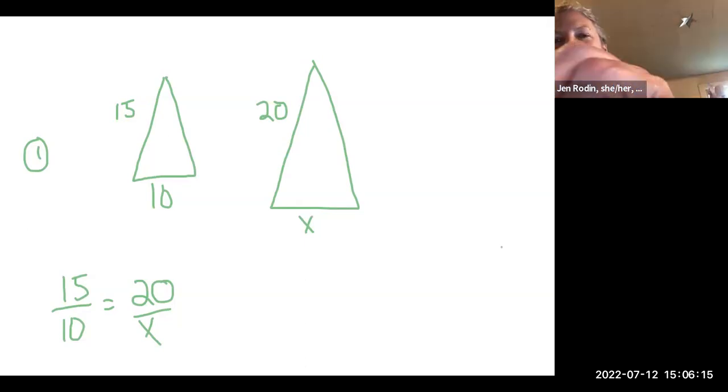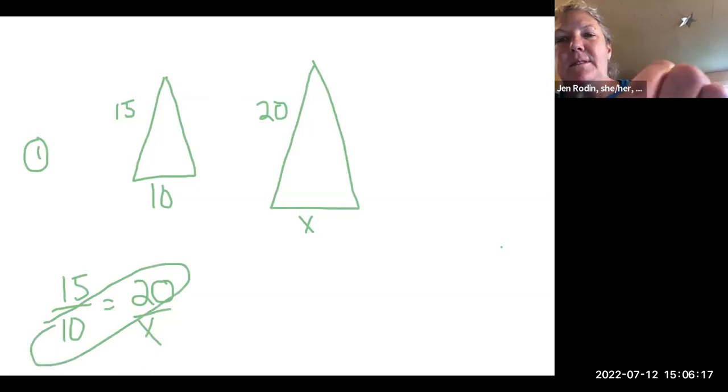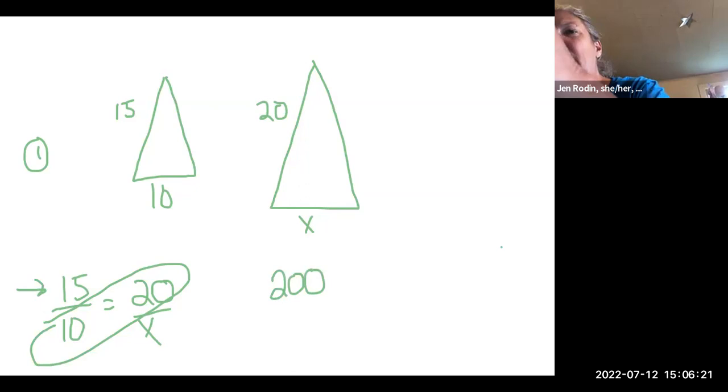There we go. Okay, here's our problem, and the diagonal is sometimes in a different direction. So that's going to be 200. They didn't give labels in this problem, so we don't worry about it.